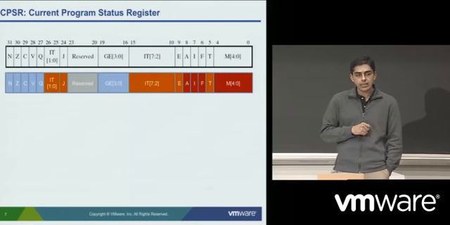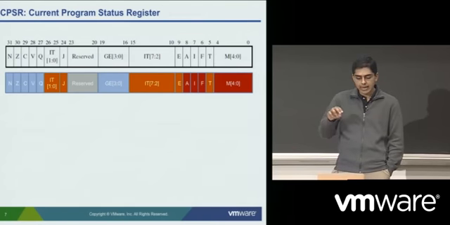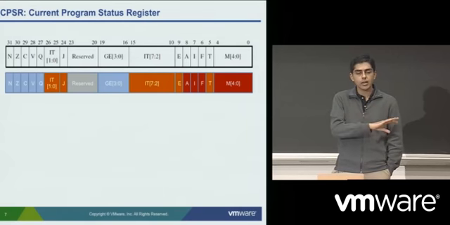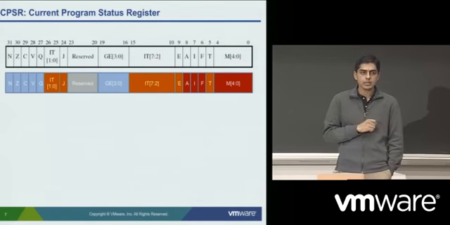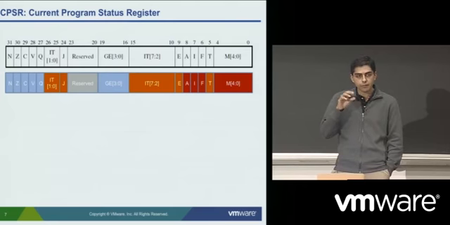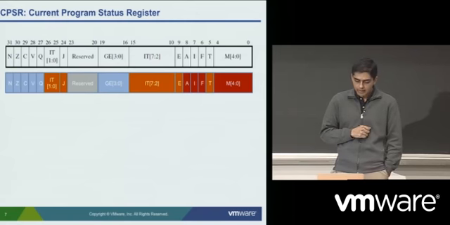Notice that this register has some bits that are harmless and innocuous as far as virtualization is concerned, and some bits that are not only relevant, but very important to the virtualization layer itself.